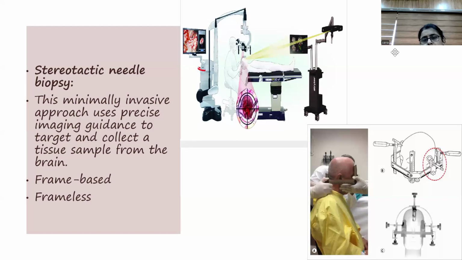So in those patients, with the frameless system, the target can be selected either by using the antenna having spheres on it, or by using fiducials on the surface of the scalp, and they can be detected with the help of an infrared camera. In this way, a 3D model reconstruction will be on the screen, and we can detect our target and go for any stereotactic procedure.